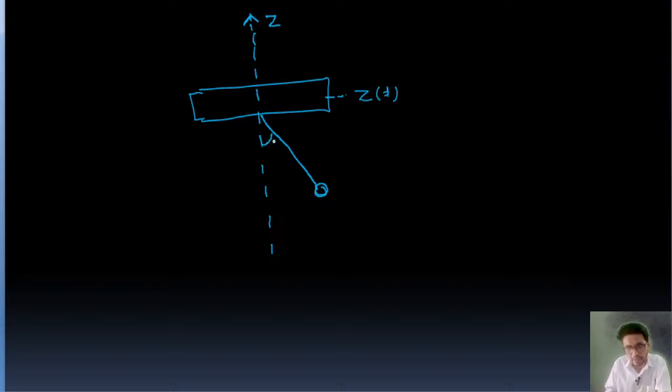This angle is given as theta t, which is a function of t. I can show you, this angle is theta t. The mass is m.